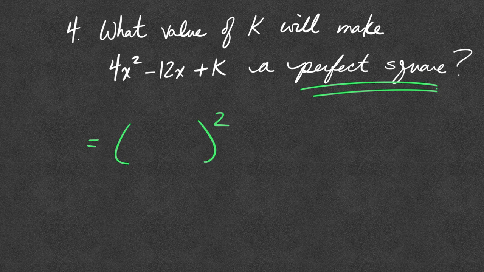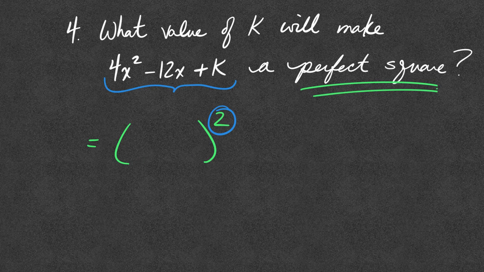If we expand a perfect square and it gives us a trinomial that follows that pattern, then it must have come from a binomial base. So what we're looking for is, what two parts to that binomial would expand to give you 4x squared minus 12x plus k?